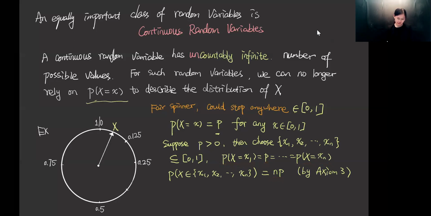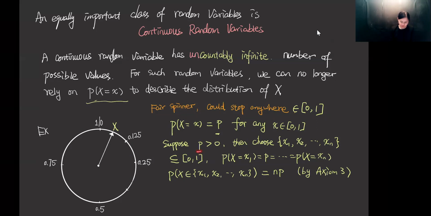But I didn't say what n is. In fact, on this circle, or in this 0, 1 interval, you can choose an arbitrarily large n. You can choose an arbitrarily large number of points that are all different from each other.